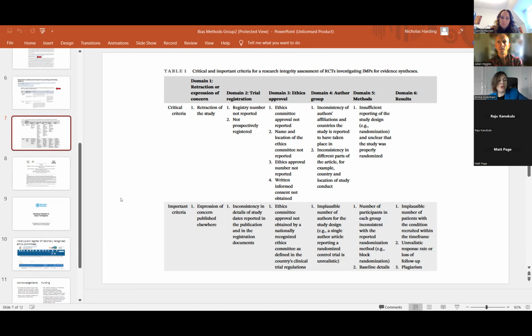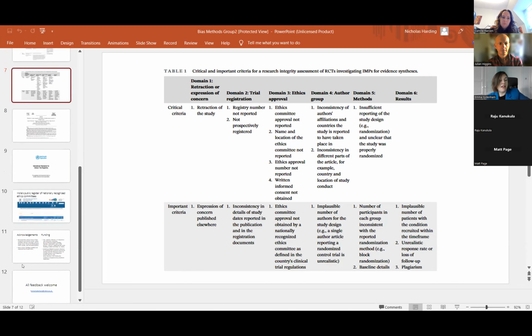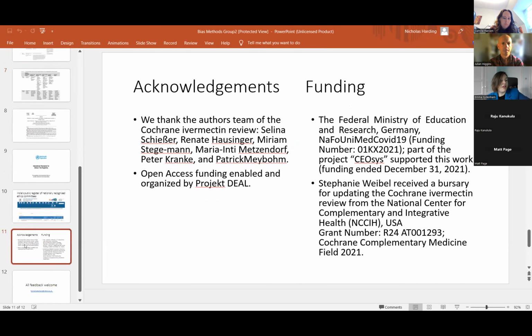Or we encourage you to create and publish a new tool, as there are currently an insufficient number of tools available and used. I would like to acknowledge the authors of the two reviews which have incorporated the tool for which it was actually developed, and the funders of those reviews, and which also funded the latest update.